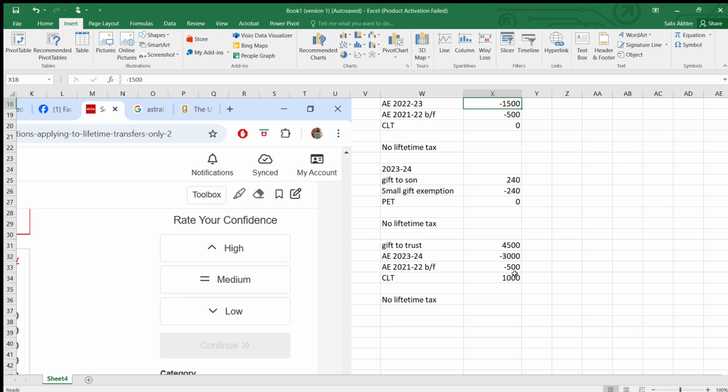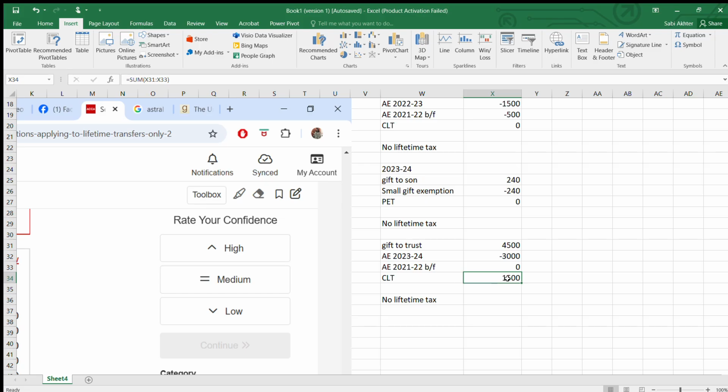Now nothing is remaining. So here this is your CLT. You have to pay on this 1,500. This is the gross CLT. And if you see this 1,500, you still don't know the nil rate band.